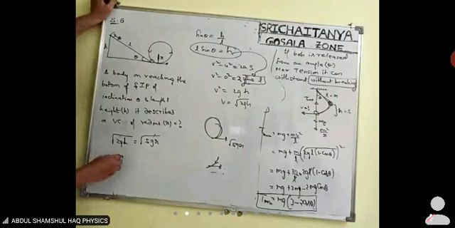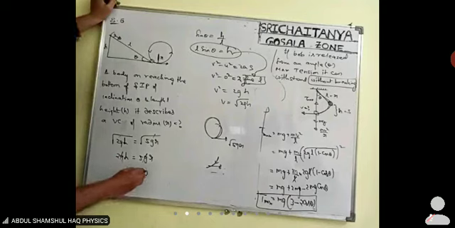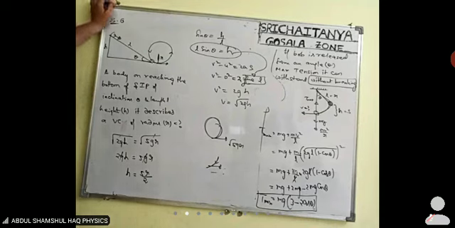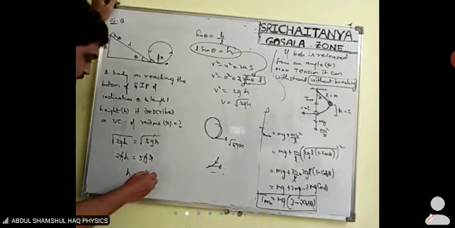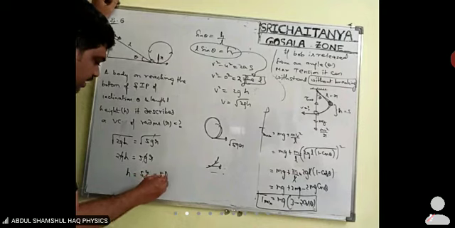So 2gh is equal to 5gr. g cancels. Therefore, the height of the inclined plane, can I take it as 5r by 2? If I ask what is the value of h, this h value will be equal to 5r by 2. Is that understood? Students, further I can say this as 5d by 4.